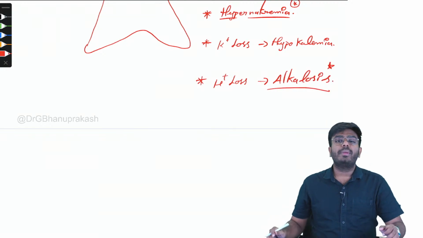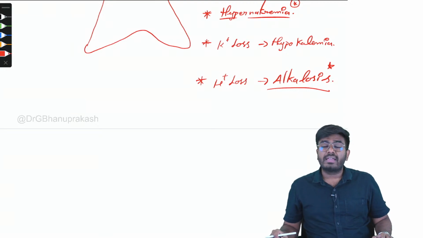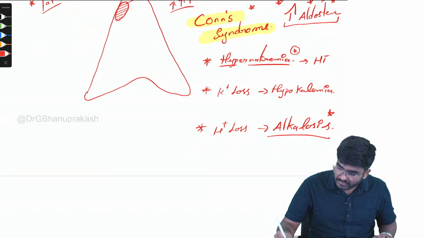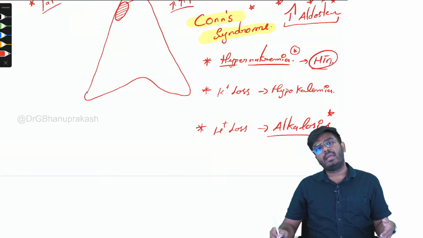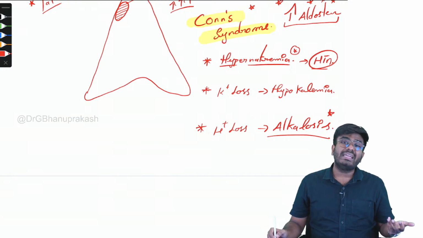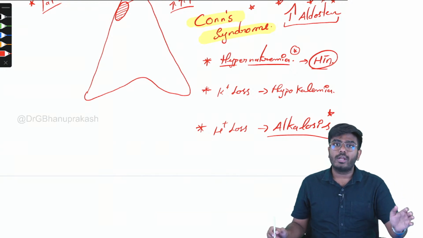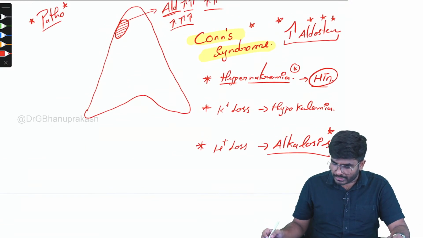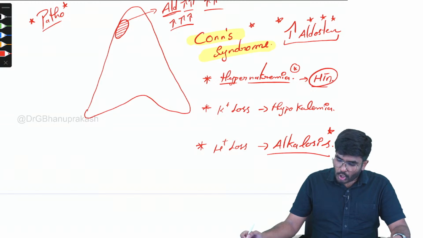So a patient who is having Conn syndrome will have hypernatremia. Because of hypernatremia, more sodium, the person will also suffer with hypertension. Hypernatremia, hypertension, hypokalemia, as well as metabolic alkalosis because of proton excretion. So this is a very important point which you need to know regarding Conn syndrome.